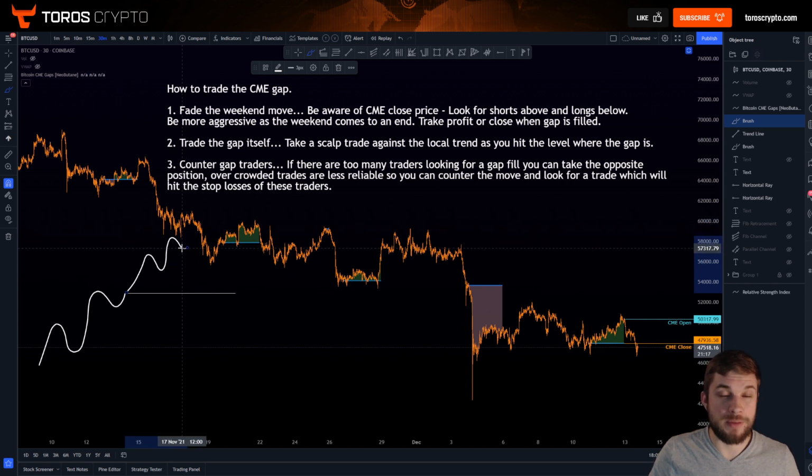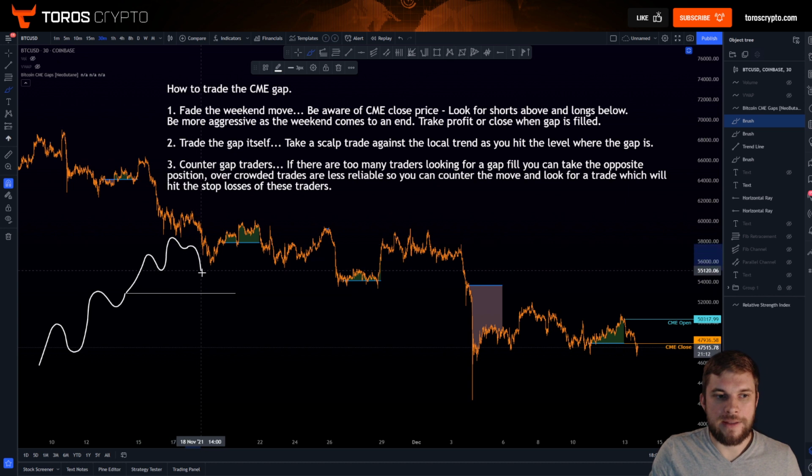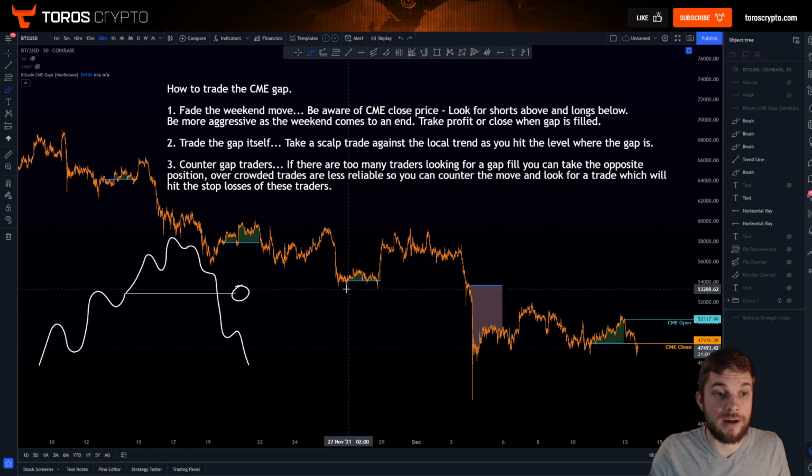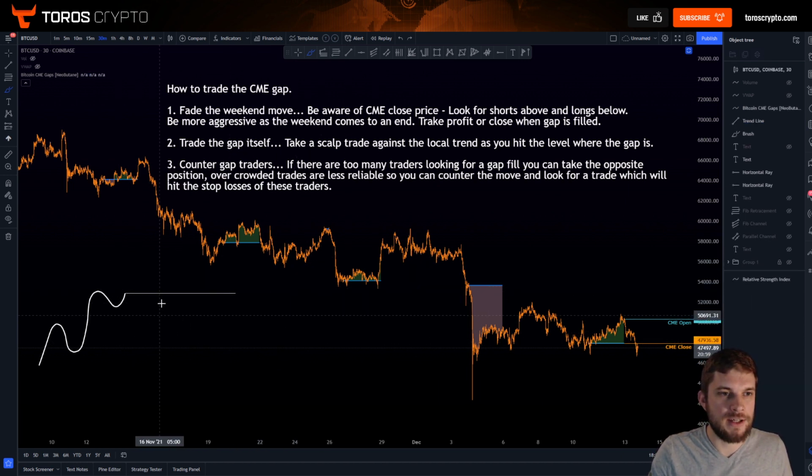So you can look for your short positions using standard methods of TA but with a bias to short. Then if price comes back below, let's say price comes down here, you should then be looking for long positions, again with the expectancy that this is going to act as a key level when markets reopen on that Sunday night.